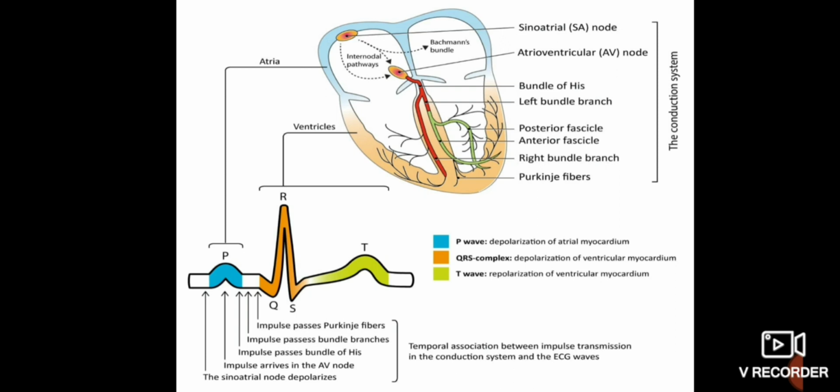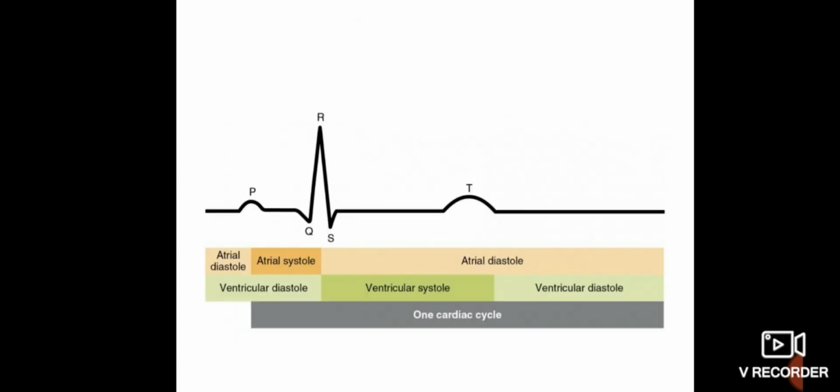After depolarization ends, the T wave happens, that is repolarization of the ventricular myocardium. This takes one heart cycle. The conduction starts from the SA node, then AV node, then bundle of His, then the Purkinje fibers, and then passes through the ventricles.